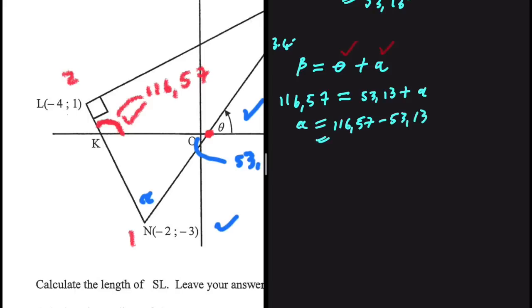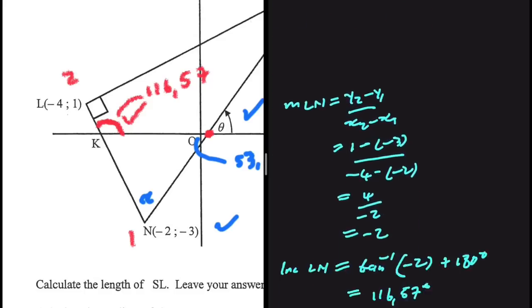Let me put that in my calculator and see what I get. I get 63.44 degrees. So that is the size of angle LNS.